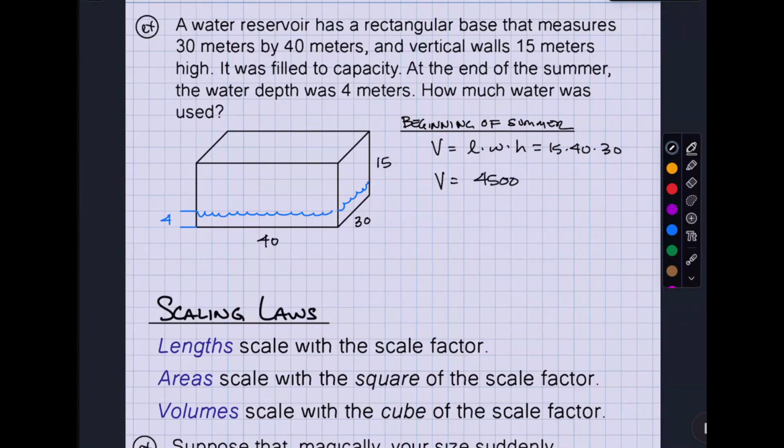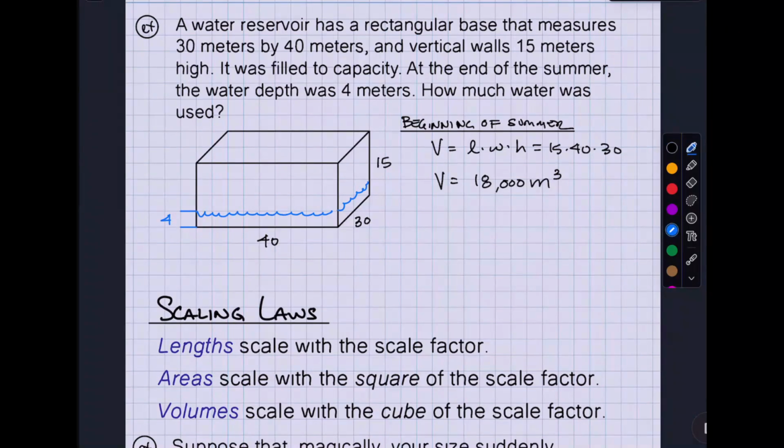Is it 4,500 meters cubed? Is it only 4,500? I was going to say there's more than that. 18,000 you said? Because if it was just the 15 times 30, then that would be 450. Yeah. Okay. We're okay there? We're good?